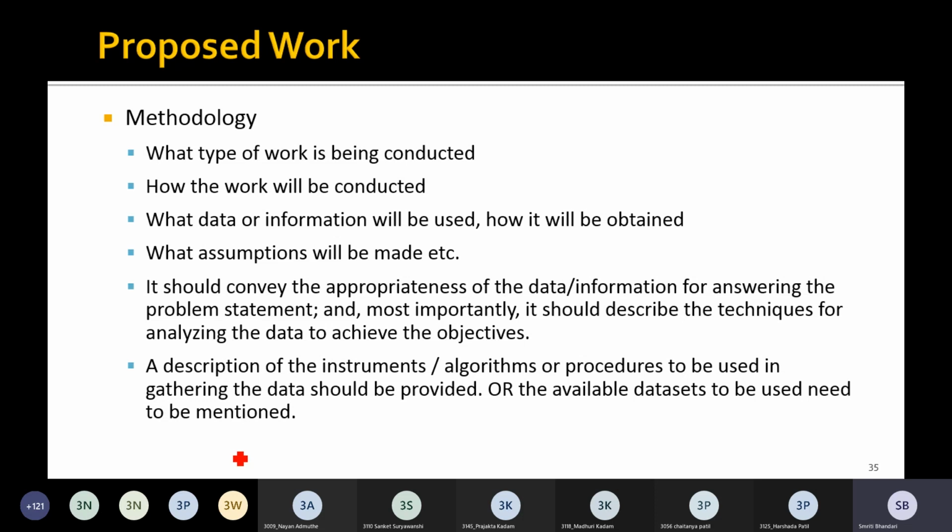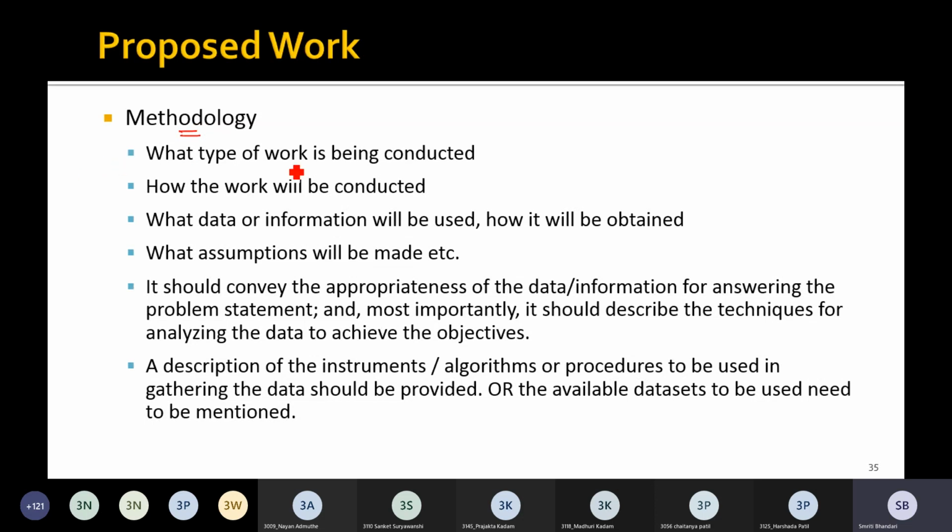We have also determined the scope of our problem, what we are going to consider, and what the limitations are. Now, under proposed work we are supposed to write the proposed methodology to carry out the task.